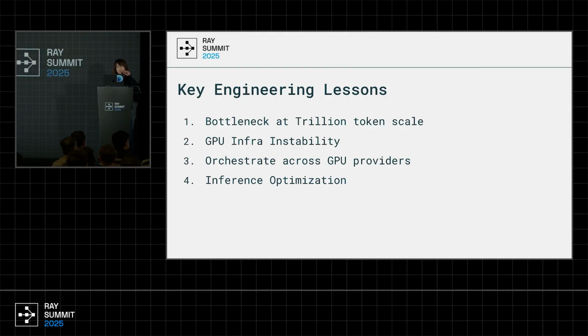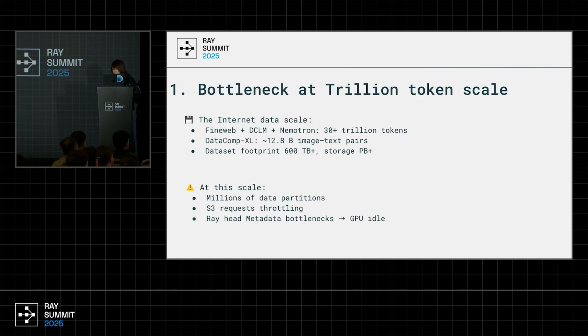As you know, Rome was not built in one day. Although like these two slides, just one second, it took us time to tackle some key challenges to get there. The first challenge we hit is at this trillion token scale. For pre-training data scale, we crawl the whole internet. If you don't want to crawl the internet, you can use some public datasets.